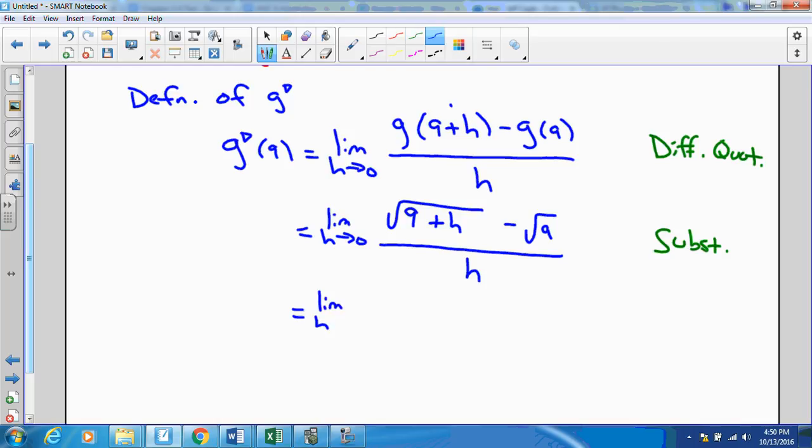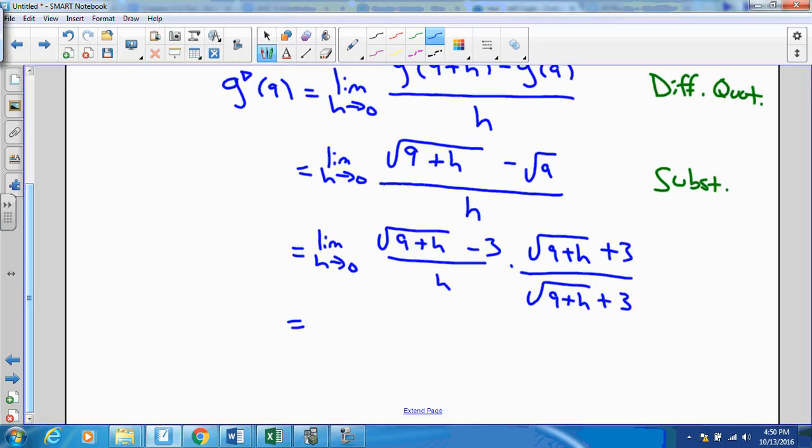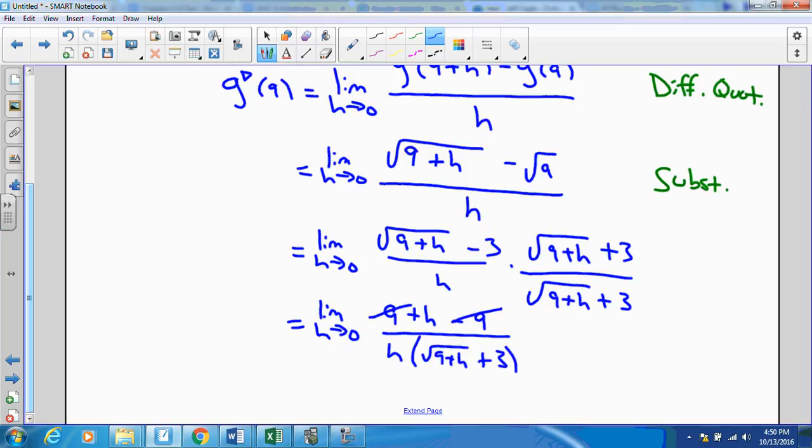And it looks to me like this evaluation is best done by a rationalization technique. I can multiply top and bottom by root 9 plus h plus 3. And when I do, on the top I get 9 plus h minus 9 all over h times root 9 plus h plus 3.